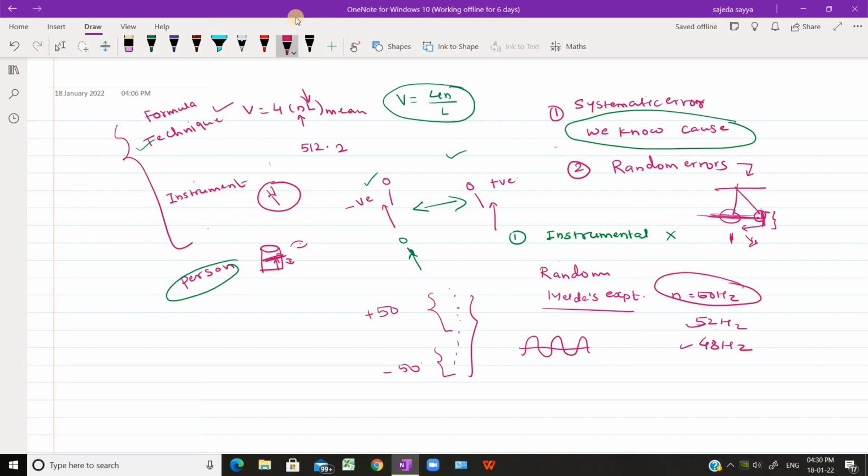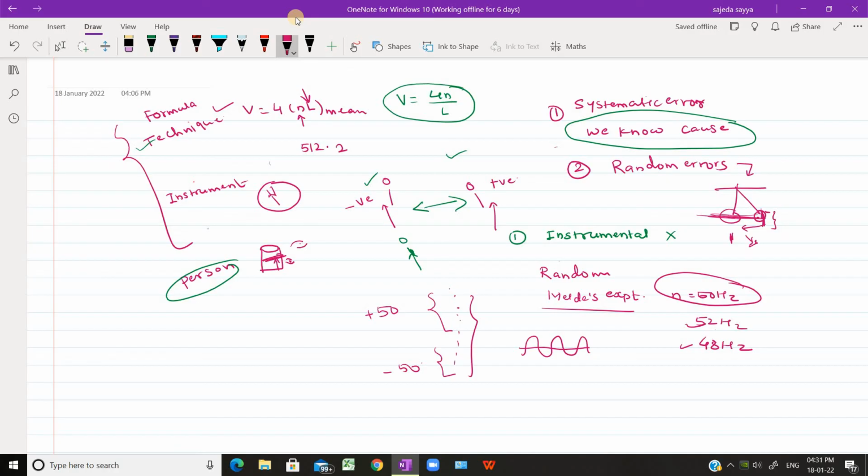These are the different types of error. Let me revise it once again. There are two types of errors: systematic errors and random errors. In systematic error, we know the cause, but in random error we don't know its cause. Systematic errors are due to the system, the instrument, the technique, or the person, so they can be rectified and minimized.